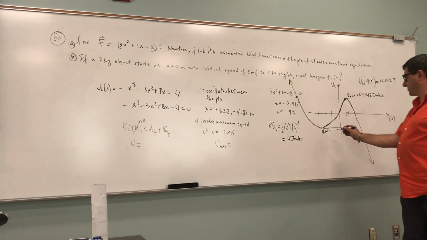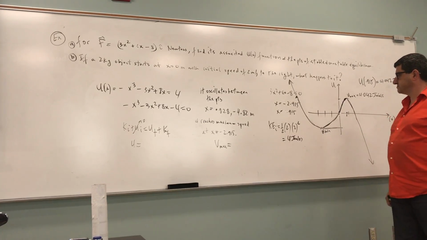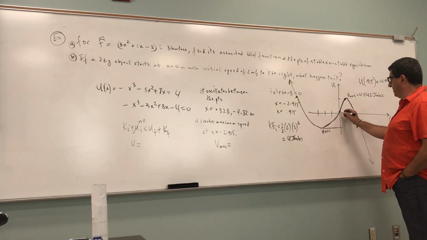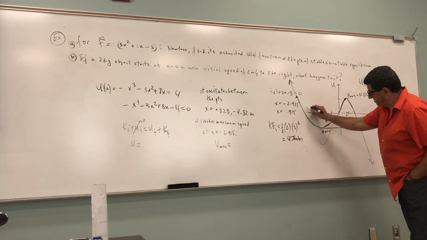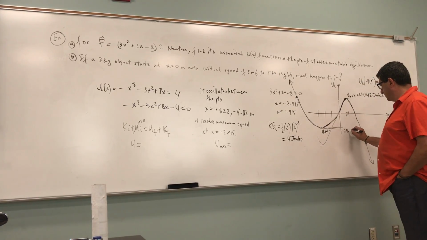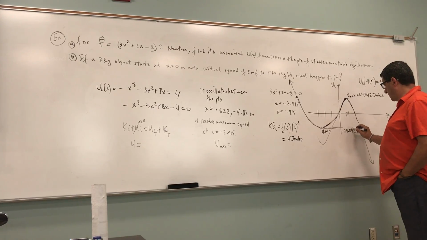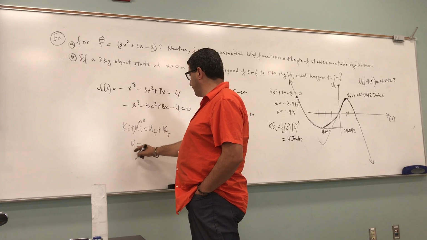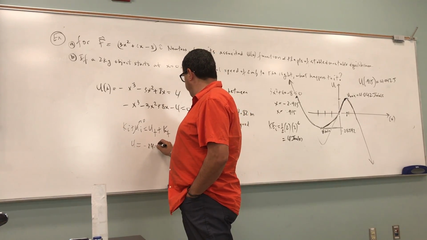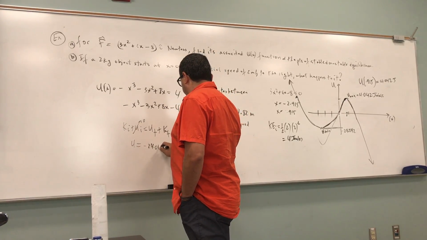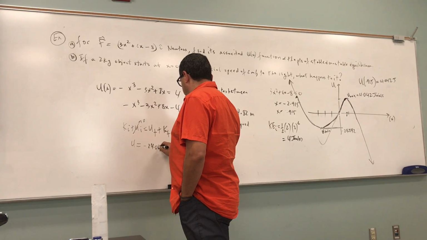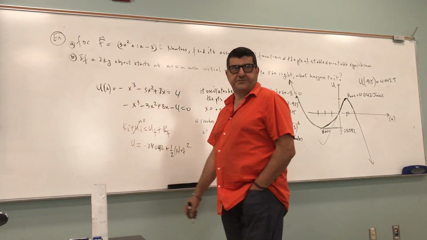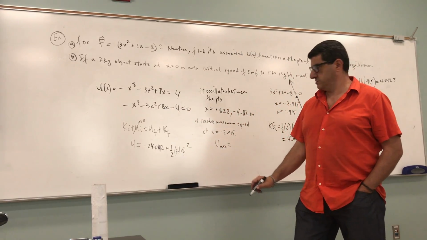What's the minimum energy here? Oh, that deep. So it's almost like this. Negative 24. Wow. So then the initial potential energy is 0, kinetic is 0, negative 24.042 plus the kinetic energy, half times 2 times V final squared.